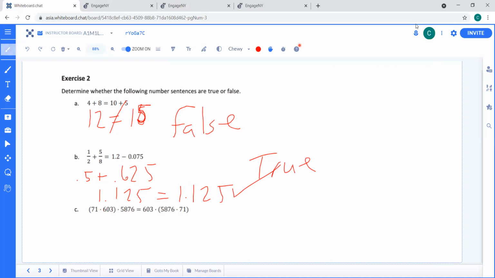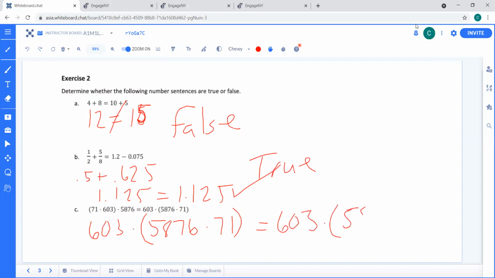I could say 603 times 5,876 times 0.71, and I can put that in parentheses, and that still equals 603 times 5,876 times 0.71. There's no need to multiply that out, because it's the same thing on this side as it is on this side. So that is a true statement.